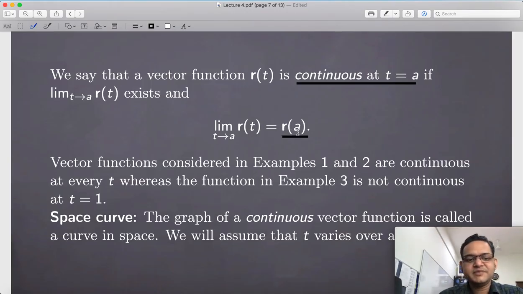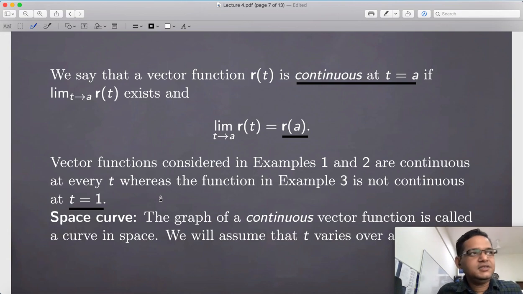You can define any value, but when I say I define a value, that means it's going to be a finite number, because the functions are from r to the vectors, so each component function has to take a finite value. So you will notice that even if I define anything, the resulting function is not going to be continuous at t equal to 1, isn't it?